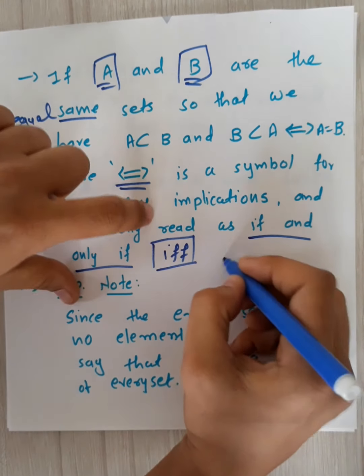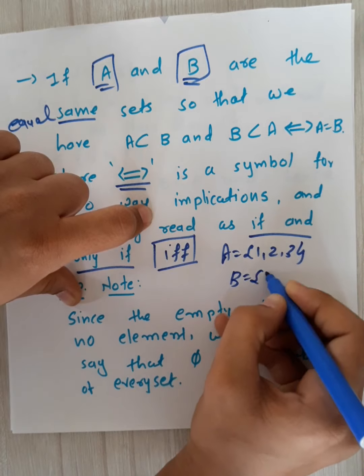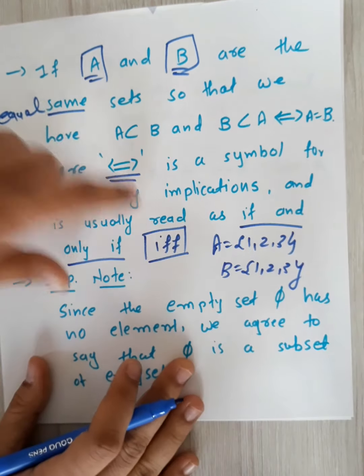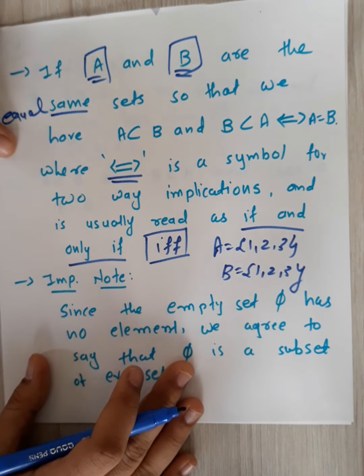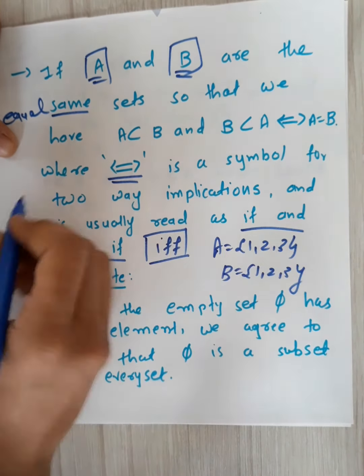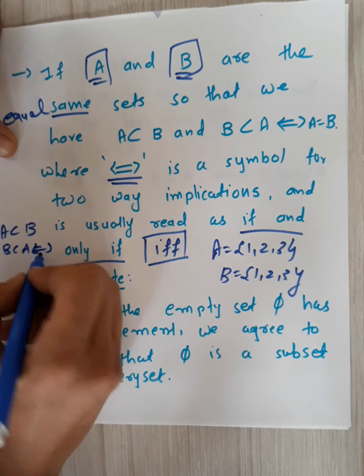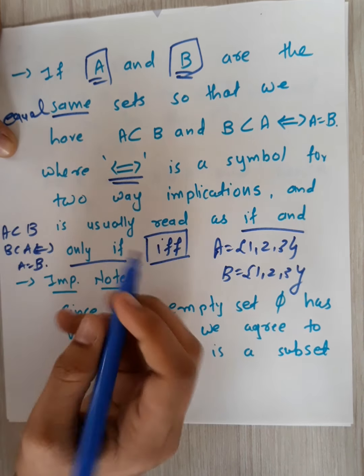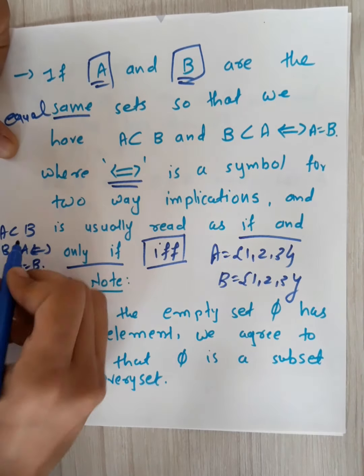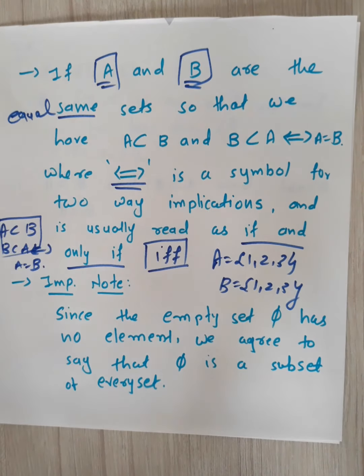For example, A is equal to {1, 2, 3} and B is equal to {1, 2, 3}. So our answer is A subset B, B subset A.